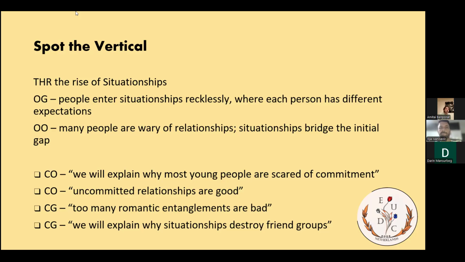Great. Okay. So closing opposition here is making a claim about the characterization of situationships. The CO is saying the situationships are often uncommitted, and maybe it's good for people to enter those sorts of situationships. But this not only doesn't rely on opening opposition's characterization of situationships, it also, in some sense, concedes or accepts opening government's argument, which is that often they're uncommitted, which is what allows different expectations to rise up.